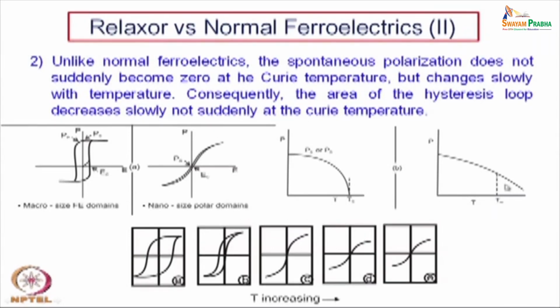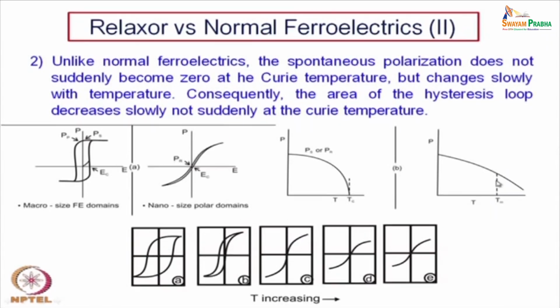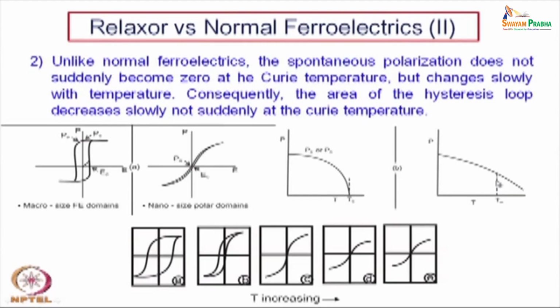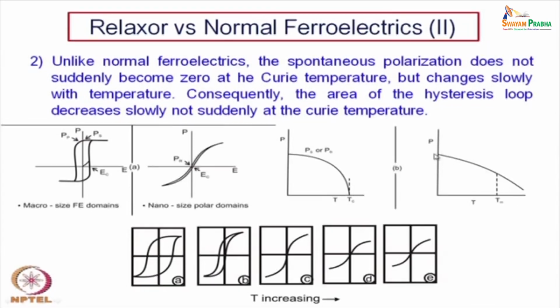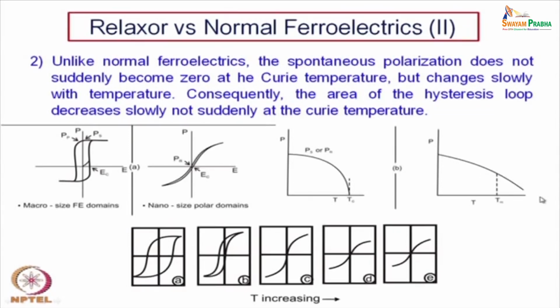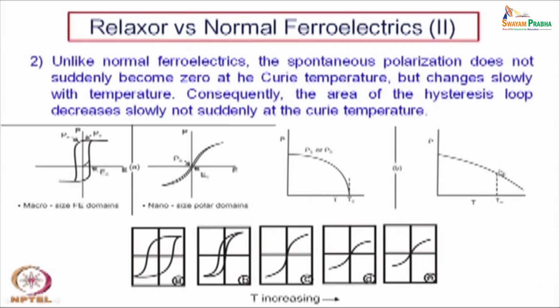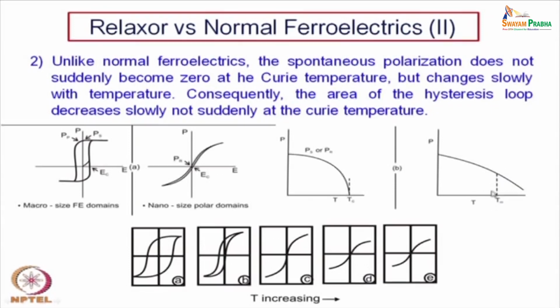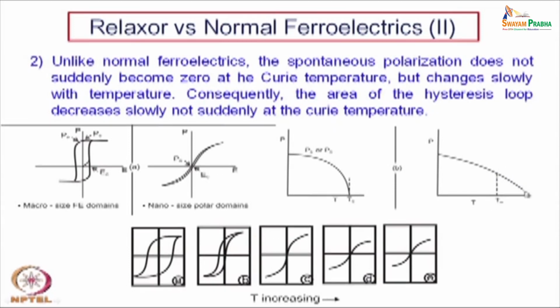Tm is something like a glass transition temperature kind of situation, where you have spontaneous polarization beyond that also. Although it goes through a dielectric peak, it is not the end of the ferroelectric behavior.